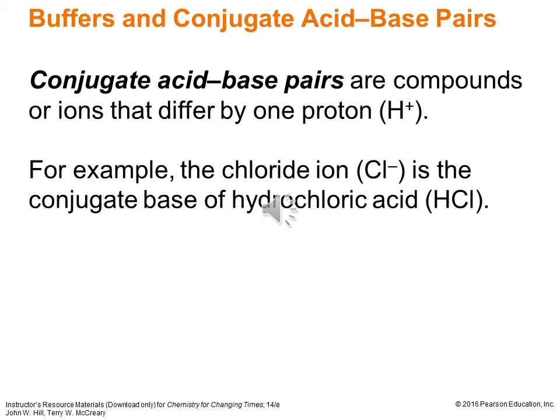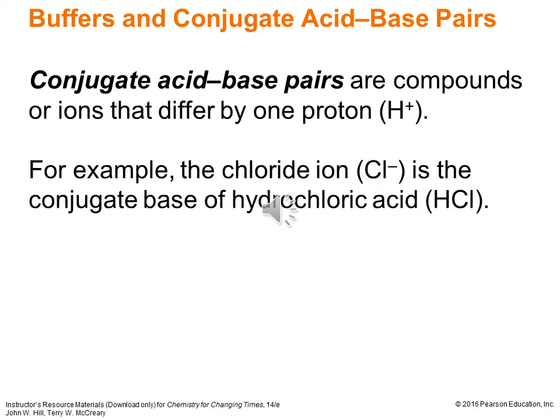So if we looked at the reverse reaction, the H3O+ and the Cl-, we could theoretically reform the HCl and the water by having the Cl- serve as the proton acceptor and the H3O+ being the proton donor. So we call that conjugate acid, conjugate base chemistry. Because HCl was the parent acid, the Cl- ion is the conjugate base. Just like water in that example would be the original base, H3O+ would be the conjugate acid.